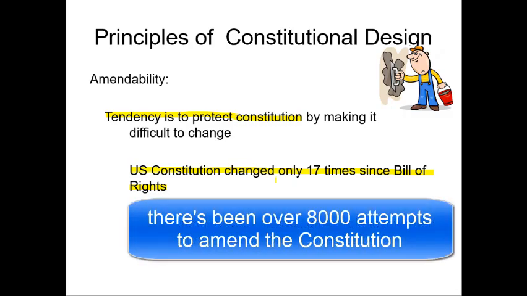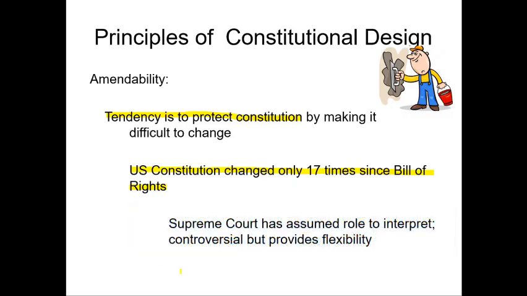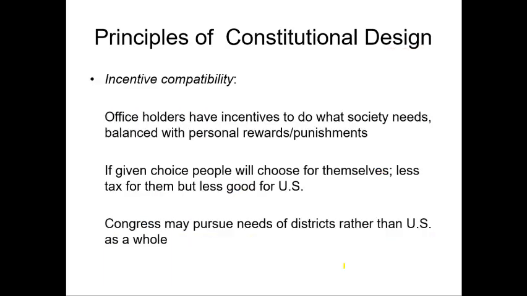So that shows you how difficult that is. Now, as I said before, the Supreme Court has assumed a role to interpret the Constitution, which is controversial, but you could certainly argue there might not be any other effective way to interpret the Constitution except through the court system, and that does provide some flexibility as far as that interpretation goes.